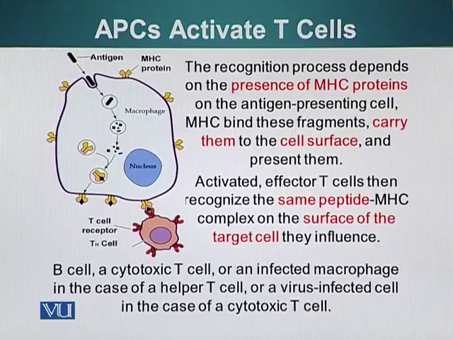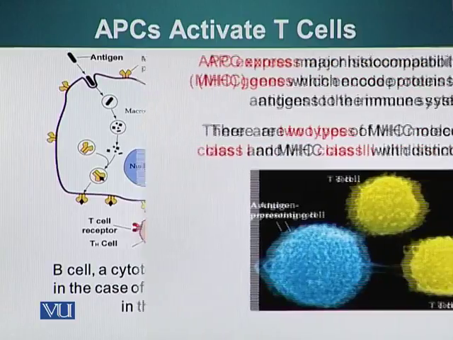Activated effector T cells then recognize the same peptide or protein fragment on the MHC complex on the surface of target cells they influence. These cells can be B cells, cytotoxic T cells, infected macrophages, and in case of cytotoxic T cells, it could be the cell which has been infected with a virus or an intracellular parasite.